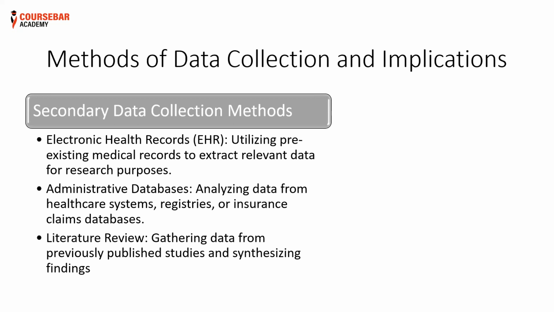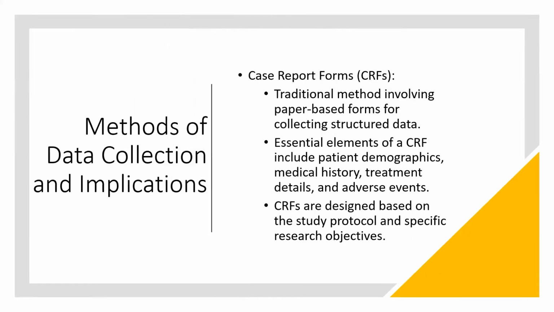In that system, the data that you're reviewing is considered secondary data, because you didn't have direct access to the patient at the time of data collection. The same goes for administrative databases and also literature reviews, where you gather data from previous sources and outline them in a particular order, and whoever reviews that data at that point in time is reviewing secondary data.